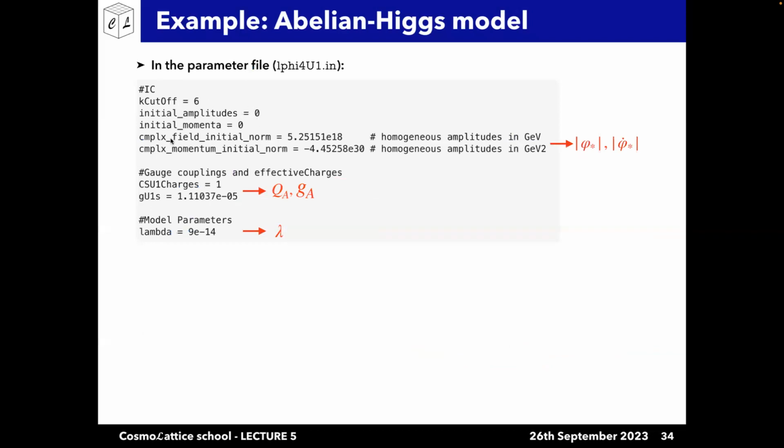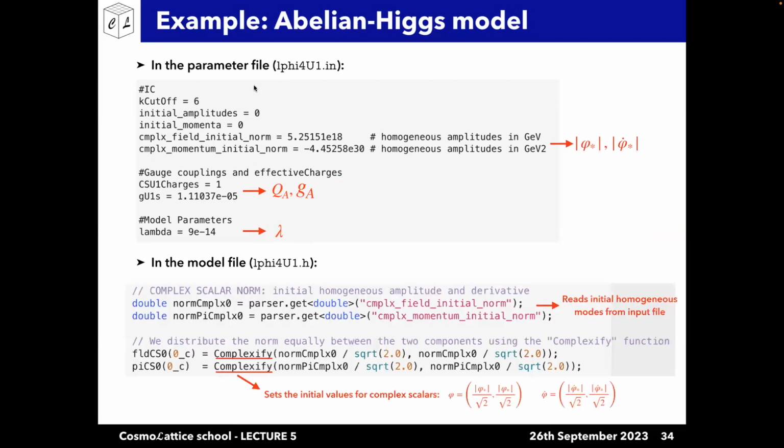Then, as always, you can also set the initial norm for the absolute value of the complex field and its momentum. You can also set the charge QA and the abelian gauge coupling GA, right? And also the parameter lambda of the potential. This parameter file is also provided with the code.